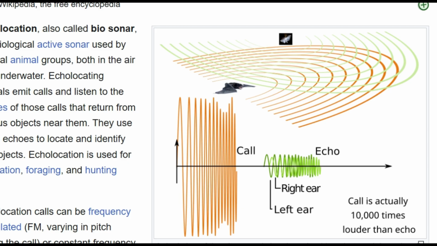Okay, but the other thing I figured out is that, of course, they are doing it with their mouths because they emit sounds or high-pitched sounds with their mouth. Those sounds bounce off the walls and let them know more or less where they are. So, in a way, they are using their mouths to see.